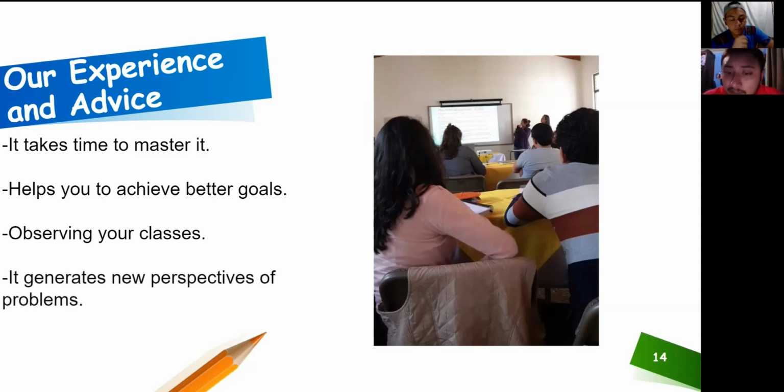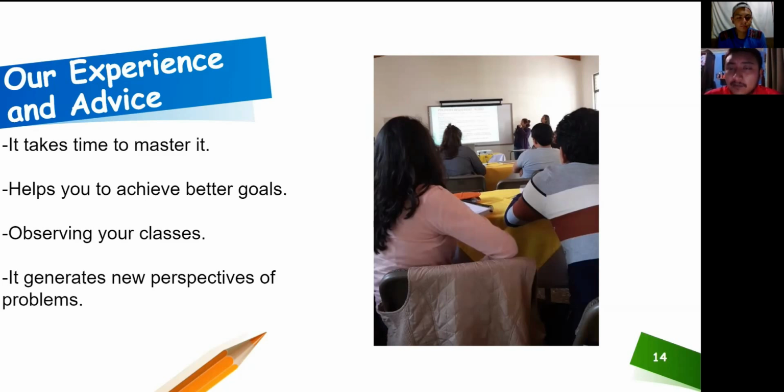Daniel, you can read the next one. It generates new perspectives of problems. As I was saying with the last point, once you are observing your classes, you might have different perspectives of some problems that you're living through your lessons. Maybe there is a student that doesn't really pay attention a lot, but you don't really know why.